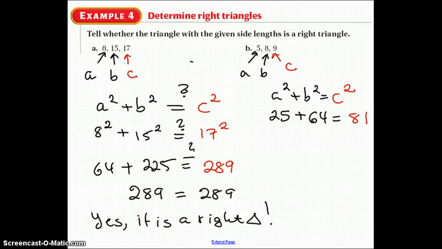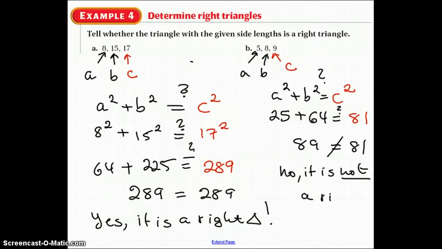And again, I don't actually know if it's equal, so I'm going to put a question mark here. So 25 plus 64 is going to give us 89, which is not equal to 81. So if the left side is not equal to the right side, then we do not have a right triangle. So no, it is not a right triangle.